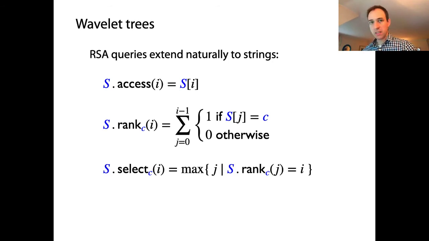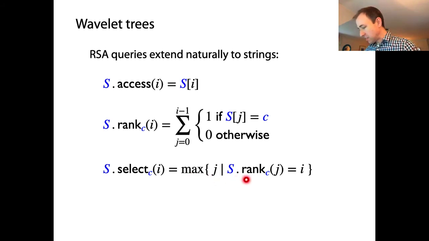Select, similarly, is defined just like we did with bit vectors. The query has a character subscript, because we could be selecting the ith instance of any of the characters of the alphabet. The i is a rank. For example, in the string Mississippi, we might be doing a select on the i of rank 2 or the s of rank 3.